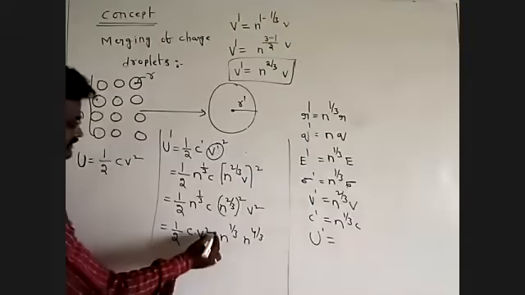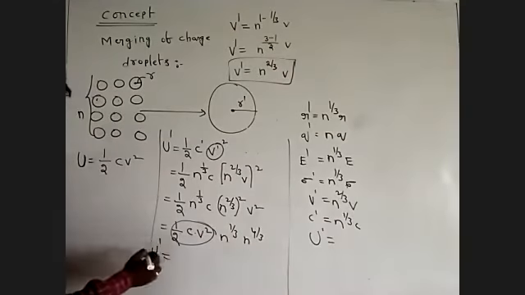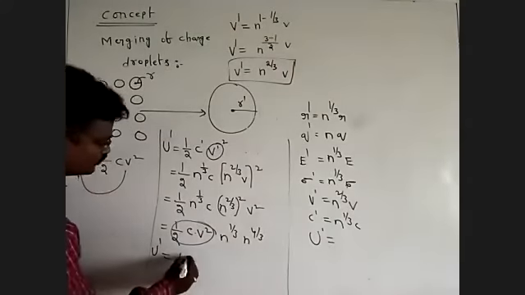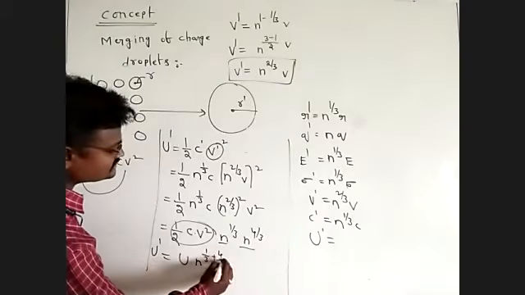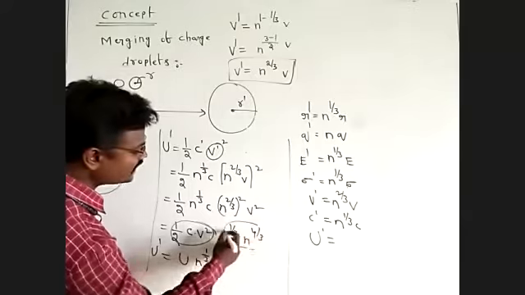That is it. Half CV square means energy U. The base is the same, so we are going to add the powers.